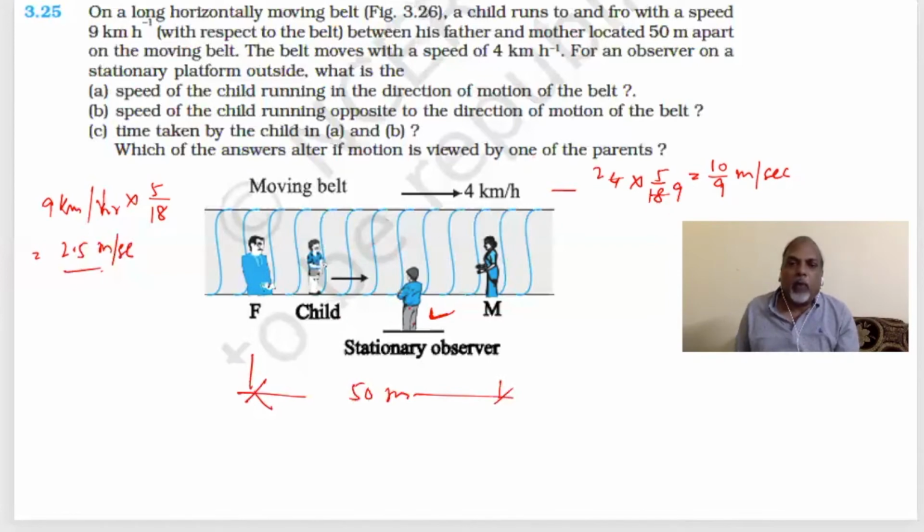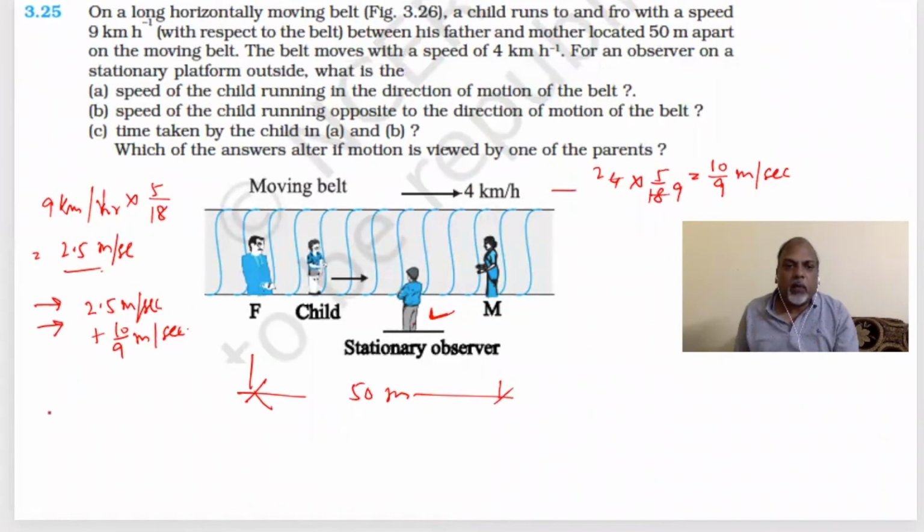When the boy is moving in the direction of the moving belt, he will see the boy running with plus 10 by 9 meter per second.